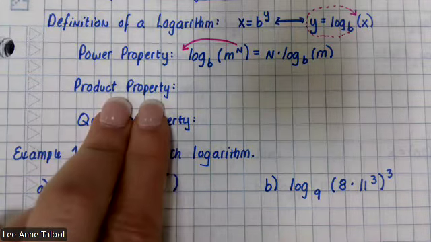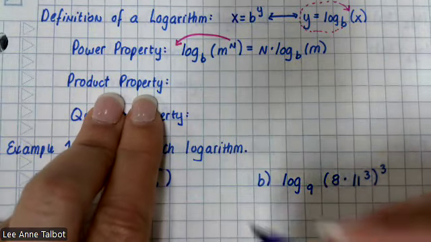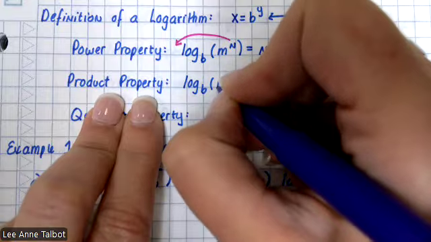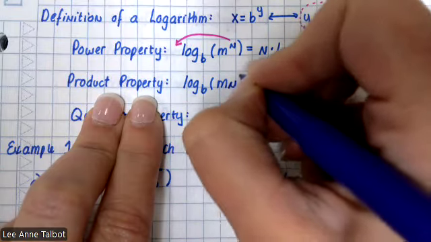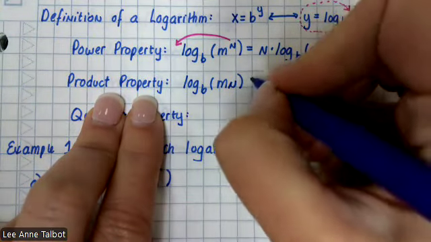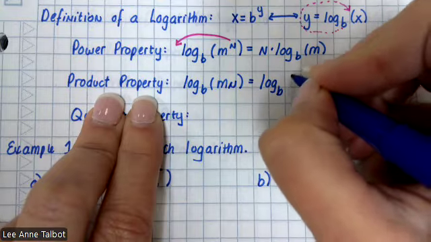Okay, product property is the one that we just learned with multiplication. So we said, okay, if two things are multiplying together, they're exponents. So that means the operation is adding.